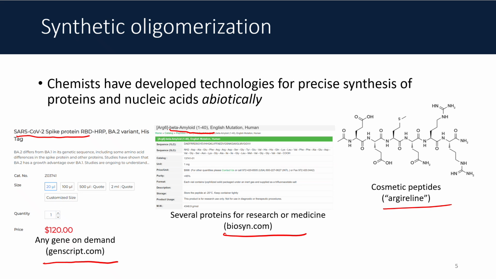And really, the only way for you to make such a short compound in large consumable scales is through organic synthesis. So making oligomers synthetically, whether they be nucleotides or proteins, it's a very profitable and important business.